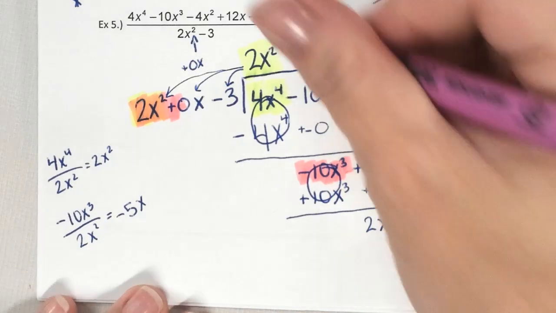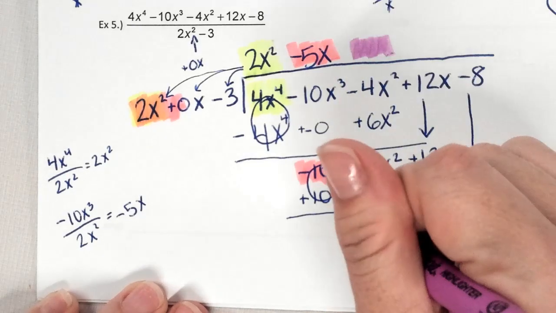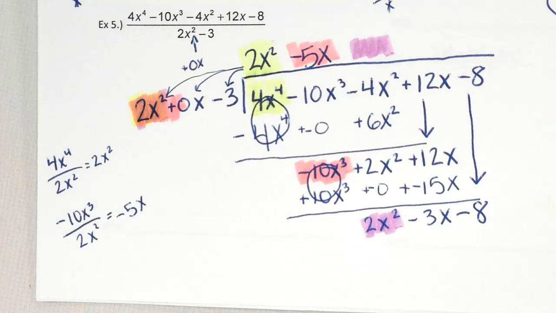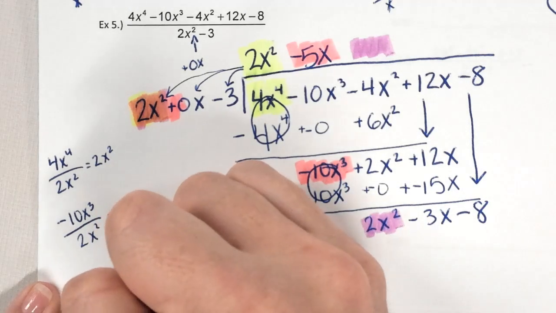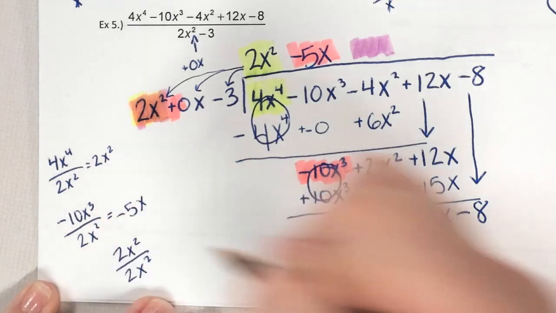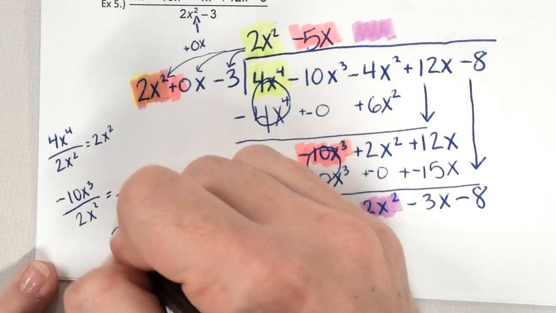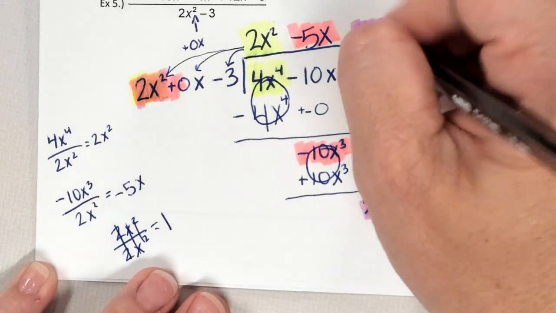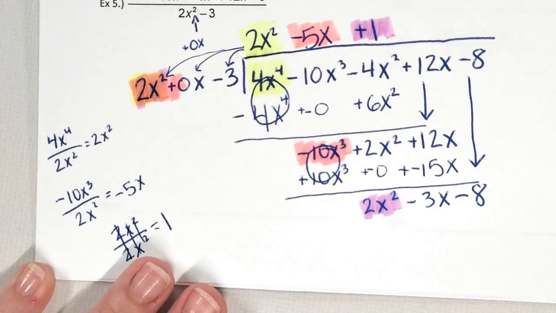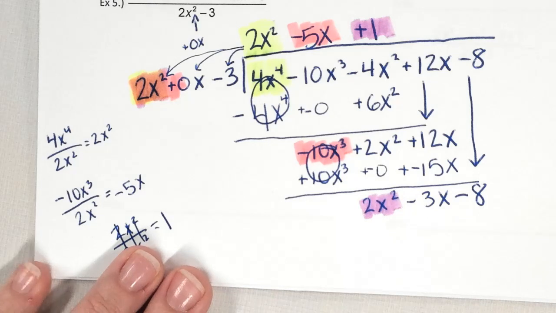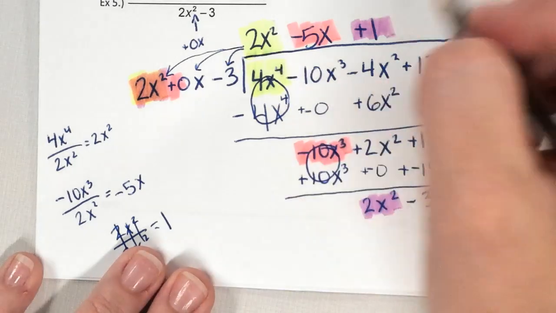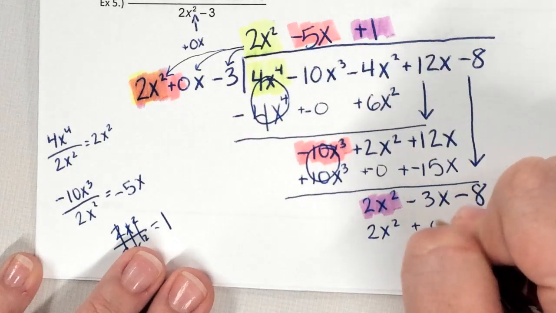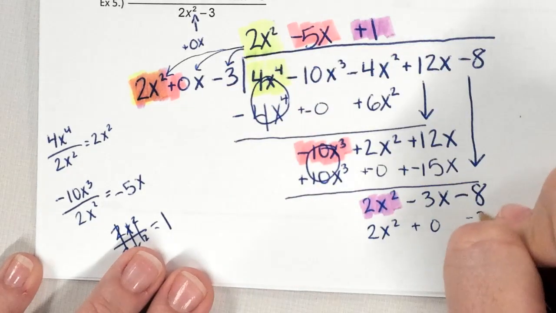So now I'm looking here, here, and still here. So inside divided by outside, well, what happens? When everything cancels, what does that equal? No, 1. So this is just plus 1. Well, we like that because when you multiply by 1, does anything change? No. 1 times 2x squared is 2x squared. 1 times 0 is 0. 1 times negative 3 is negative 3.